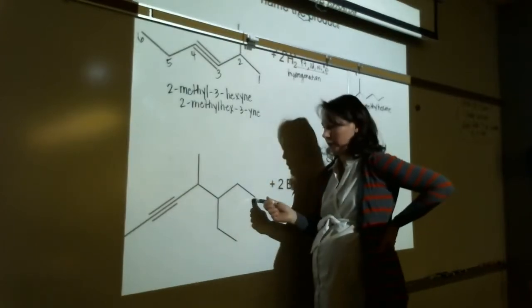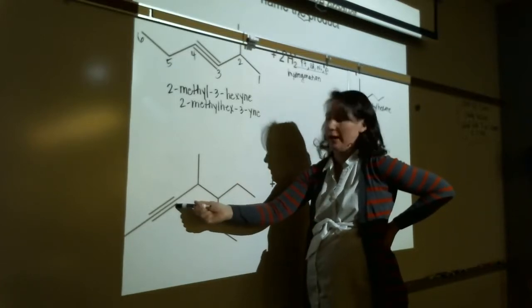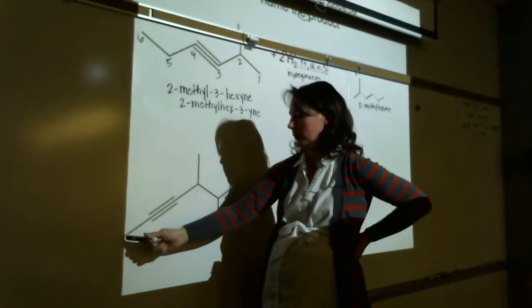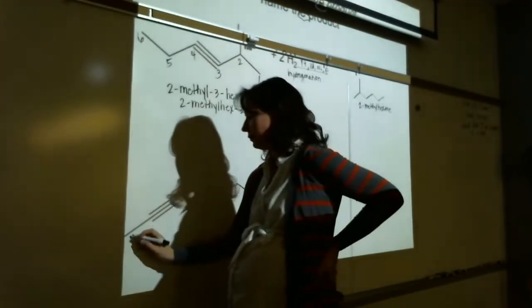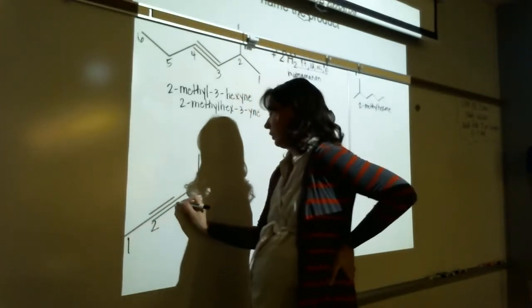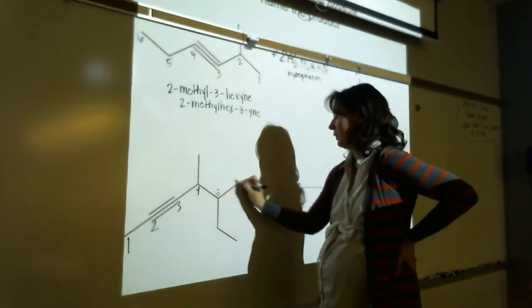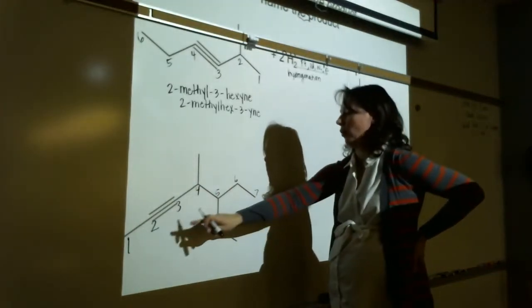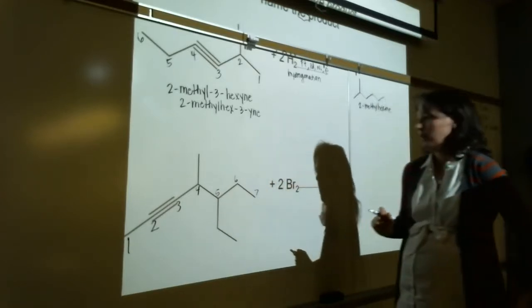If we begin numbering over here, 1, 2, 3, 4, 5, the triple bond's on carbon 5. If we begin numbering here, the triple bond's on 1, 2. So we want to begin numbering from the left. So 1, 2, 3, 4, 5, 6, 7. Now we could have gone 1, 2, 3, 4, 5, 6, 7, right? That would have made no difference.